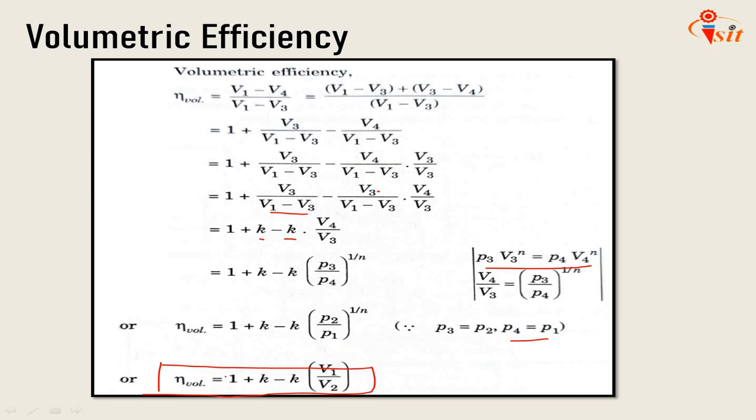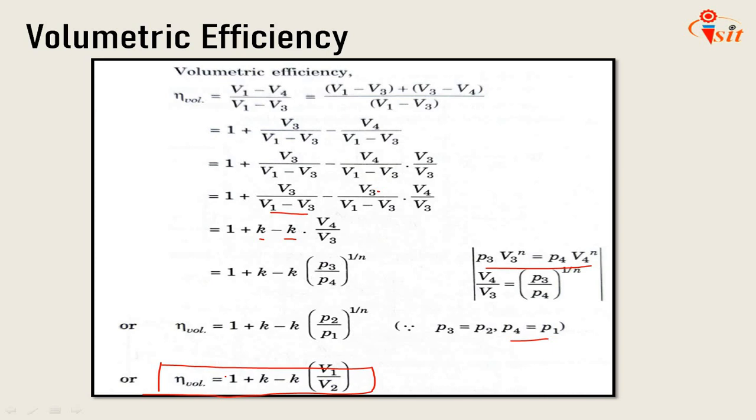The above equation is valid if the index of expansion and compression is the same. However, it may be noted that clearance volumetric efficiency is dependent only on the index of expansion of the clearance volume from V3 to V4.